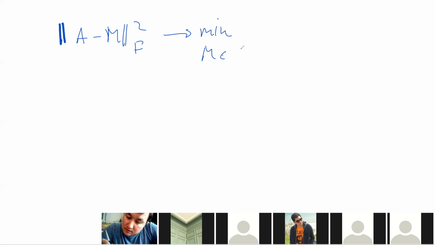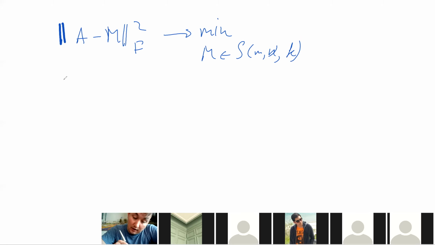This classical PCA is equivalent to minimization of A minus M in Frobenius norm, when M is of rank not greater than K. This is the classical PCA problem.